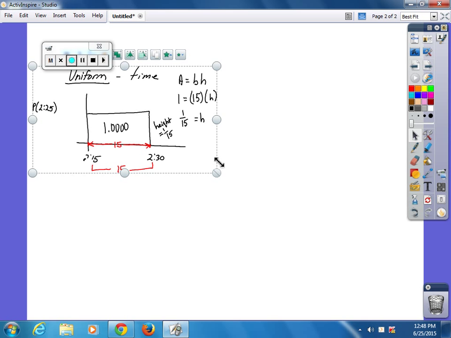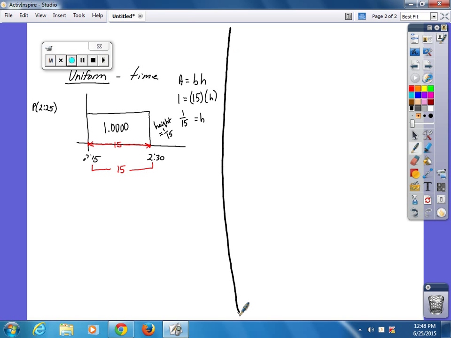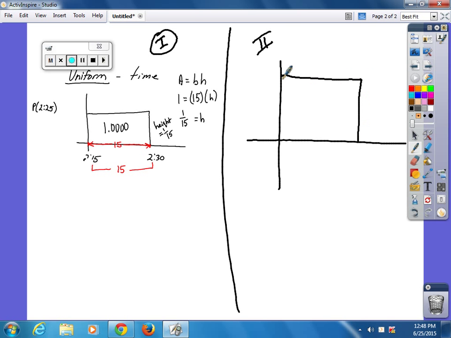Well, let's draw this. That's part 1. This is part 2. I have my new box, and I know that this is 1.00, but I know that this height is 1/15, and this is 15 down here. Okay.